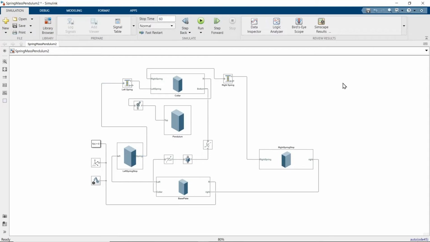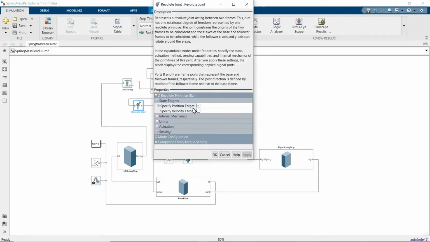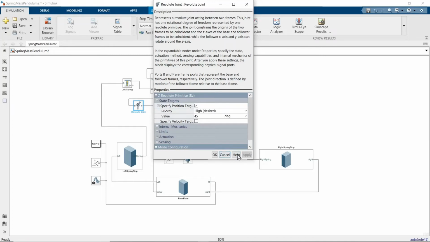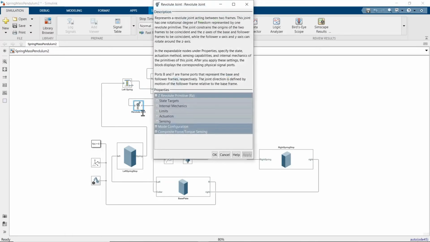Let's add some parameters to our Simulink model so we know right off the bat by looking at it exactly what the values are. For instance, the 45 degree here is going to be the theta naught of the pendulum.